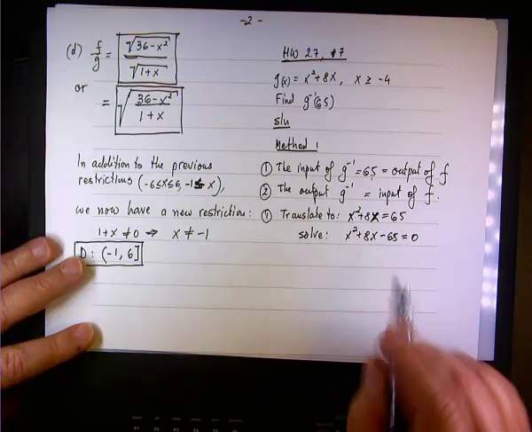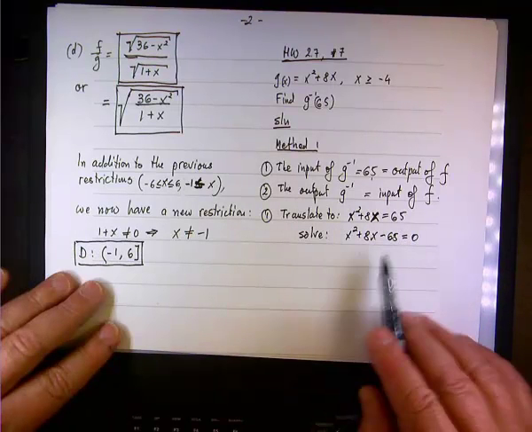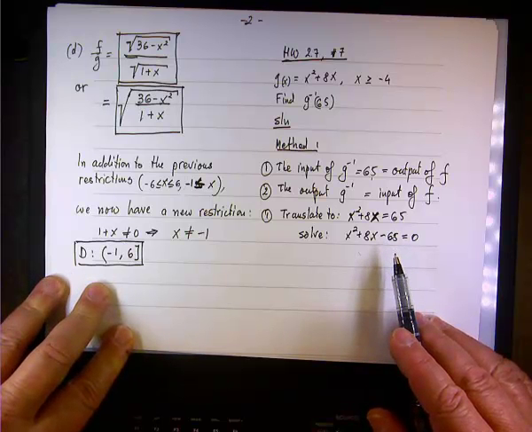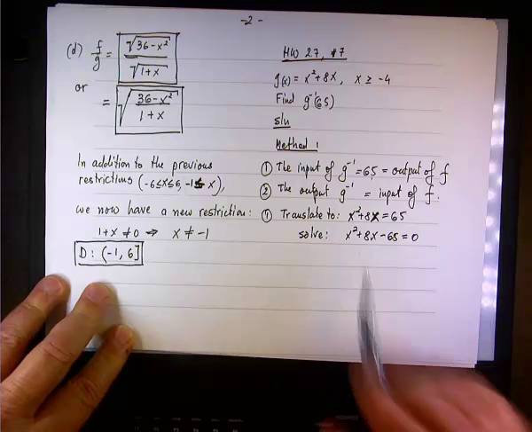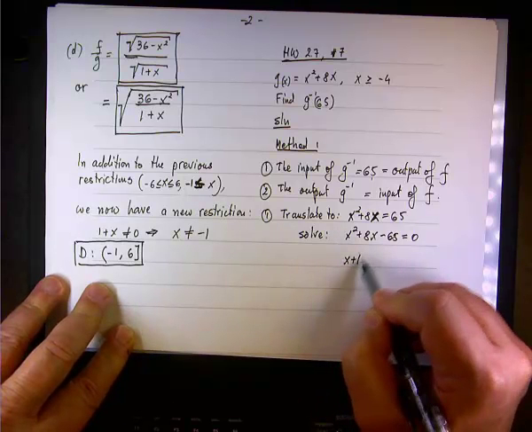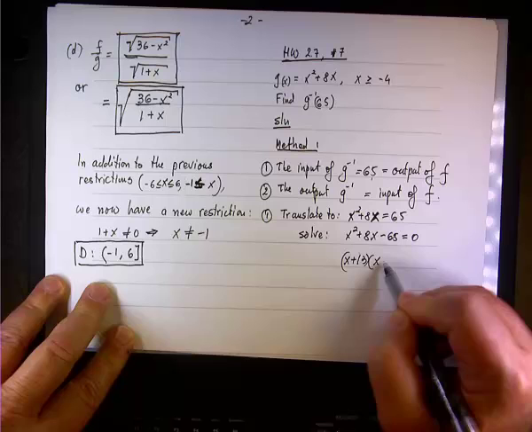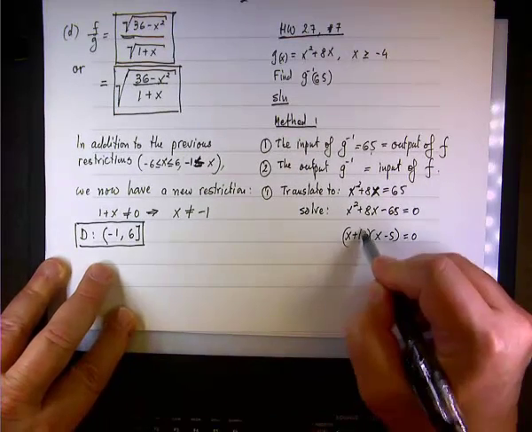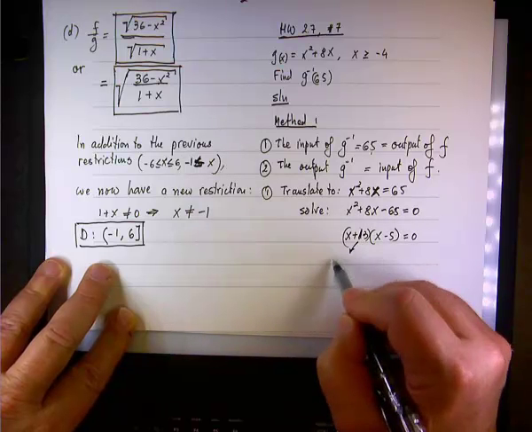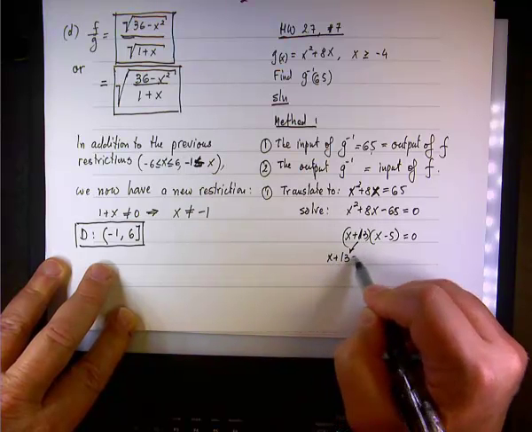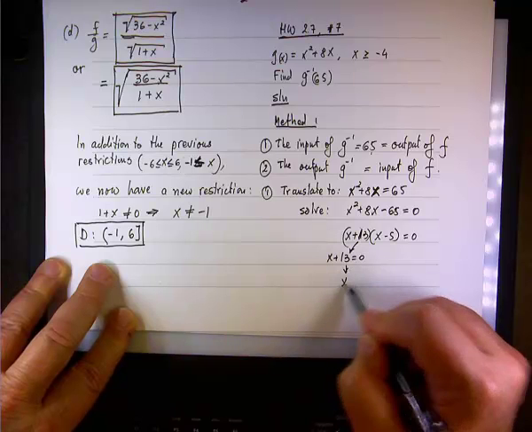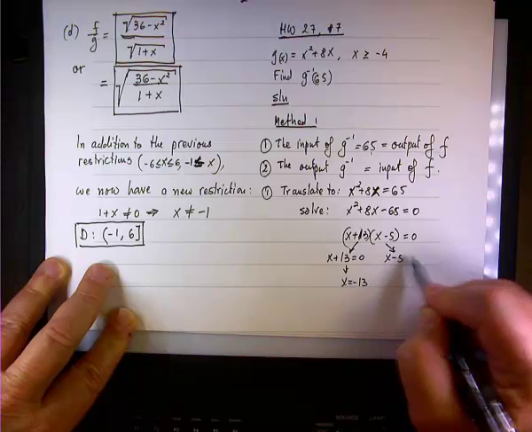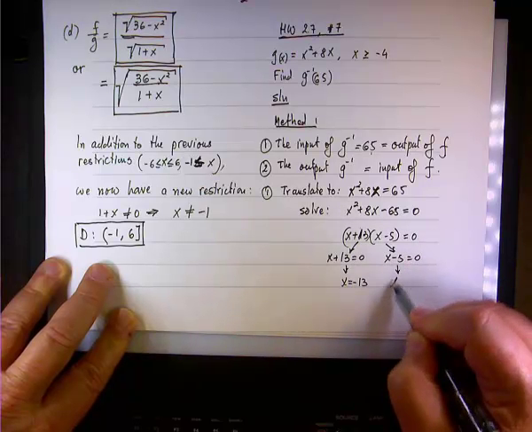It turns out that we can solve it by factoring. 65 is 13 times 5, and we can get positive 8 if we have x plus 13 and x minus 5. We have two solutions. When x plus 13 equals 0, x equals negative 13. When x minus 5 equals 0, x equals 5.